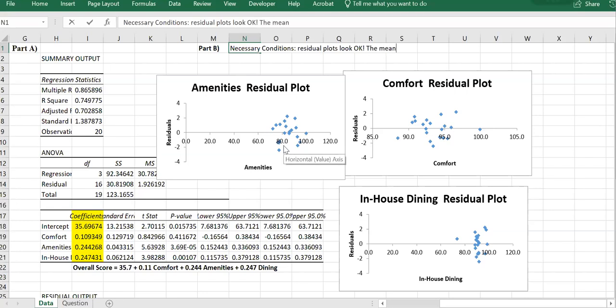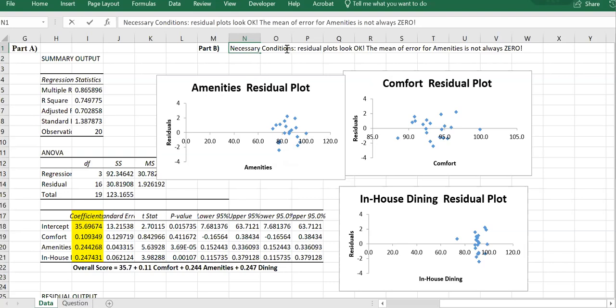The mean of error for amenities is not always 0. So we have negative at the lower side, positive, and negative. This looks like a quadratic type of curve, all right? So the mean of error for amenities is not always 0: negative, positive, negative. All right, so that's for necessary conditions.